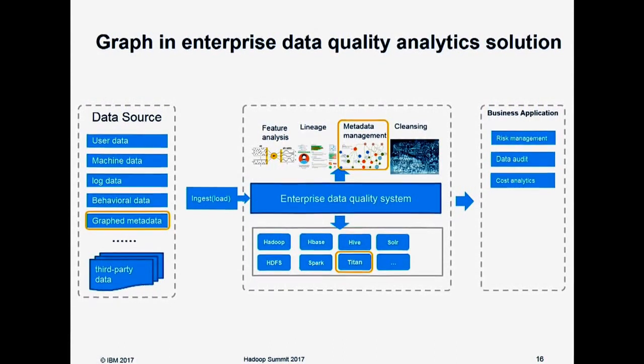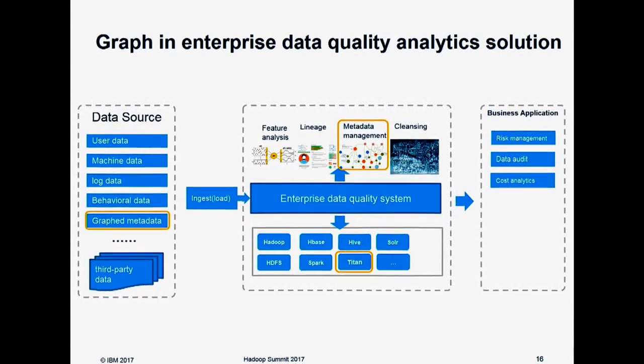On the left side, you have the data source. If you look at this diagram, it's very similar to an ETL system in the traditional sense. On the left side, you have the data source, which is where your data are, and which includes also the metadata. The metadata, we call that graph metadata, because the metadata will be stored in a graph.